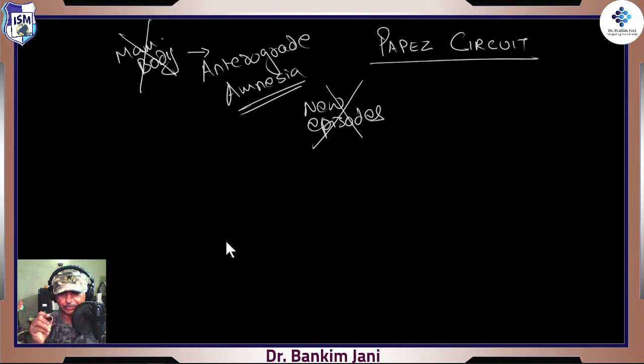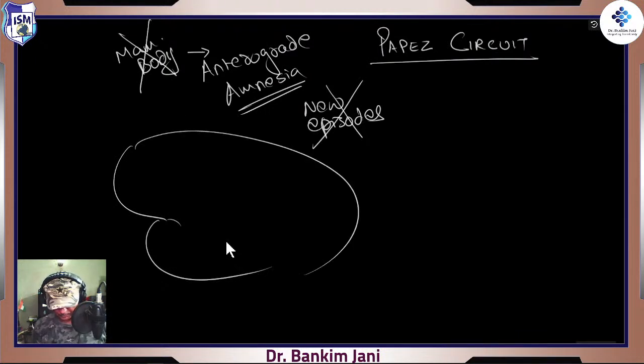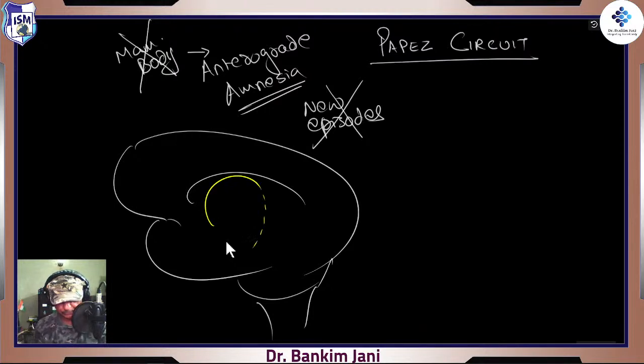Now in order to understand this Papez circuit, let's say this is the corpus callosum, right? On top, we'll try to use different colors. There is a structure called the fornix. That is the fornix.